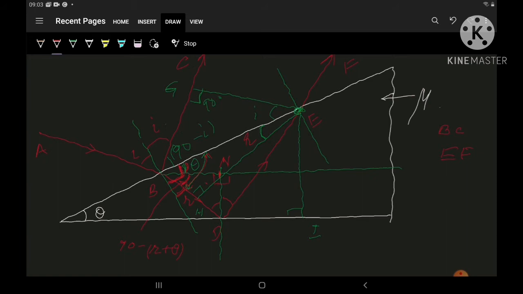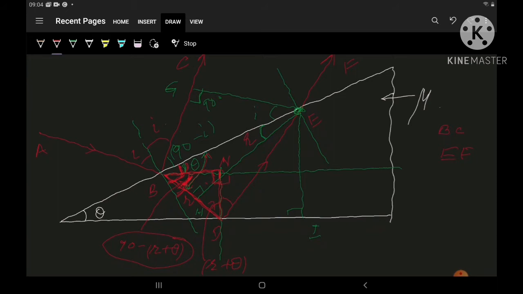So let us consider the triangle BND. Then one angle is 90 and the other angle is 90 minus (r plus theta). Then the third angle will be r plus theta.